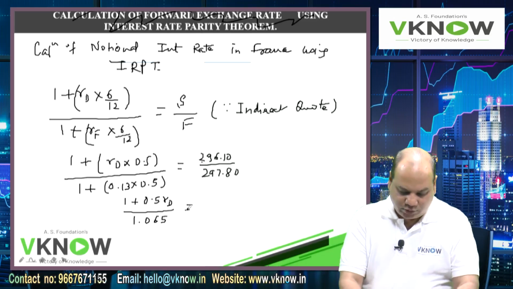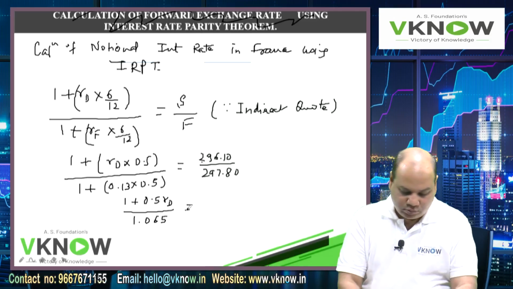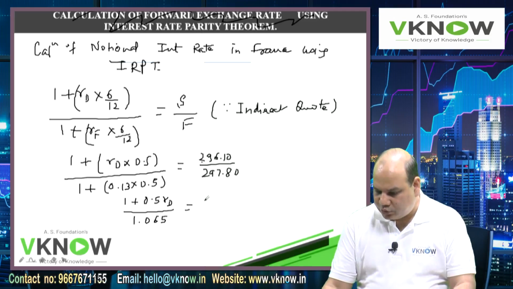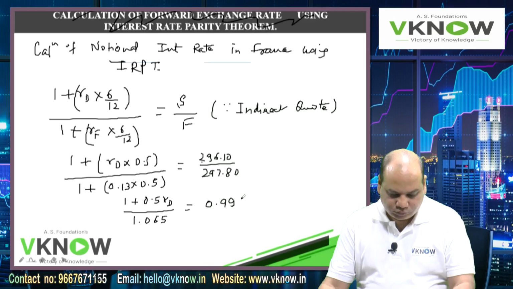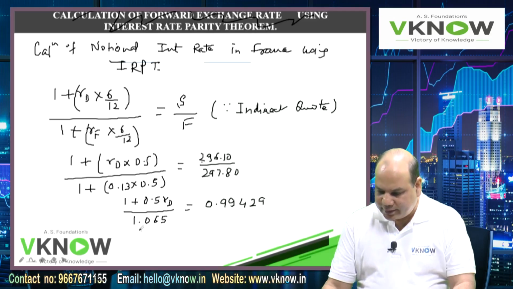And this is equal to, I will take on calculator, 296.10 divided by 297.8, so that comes to 0.99429. Now I will do the cross multiplication of this.